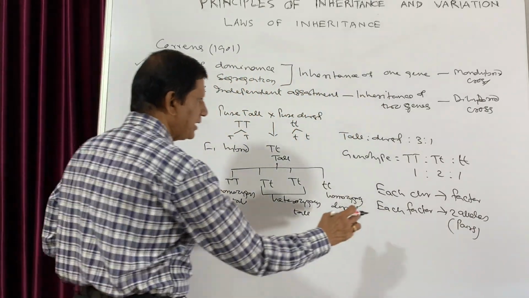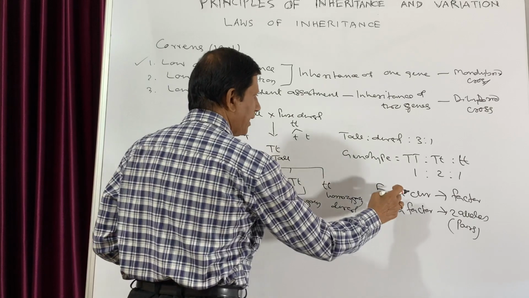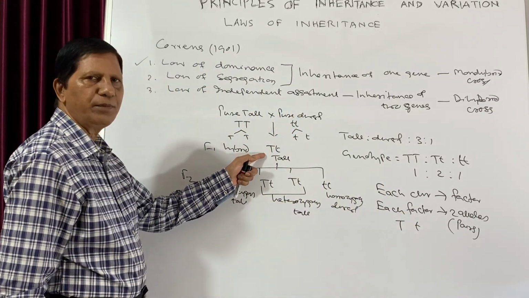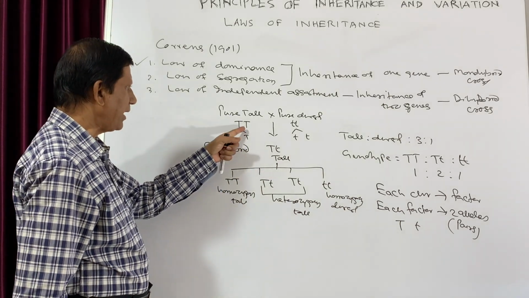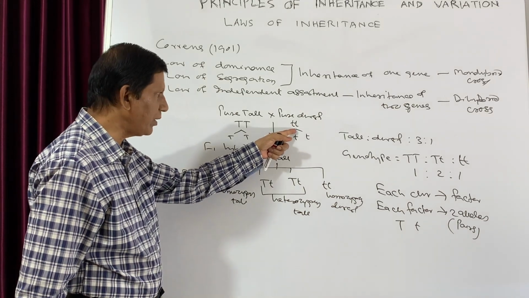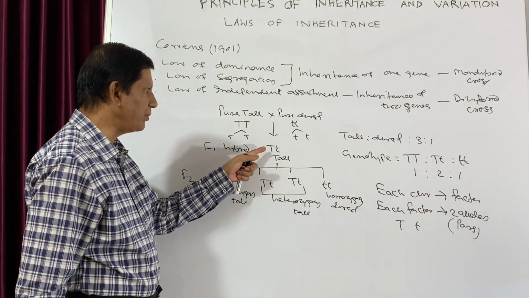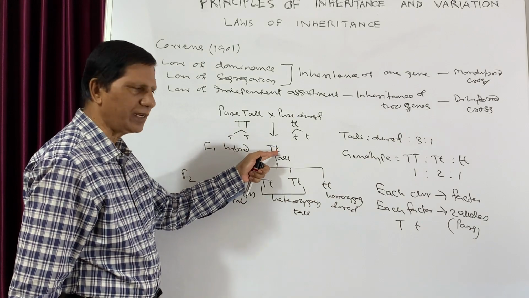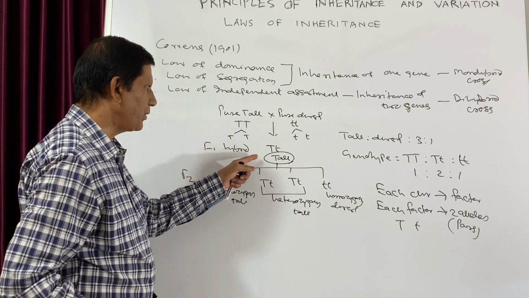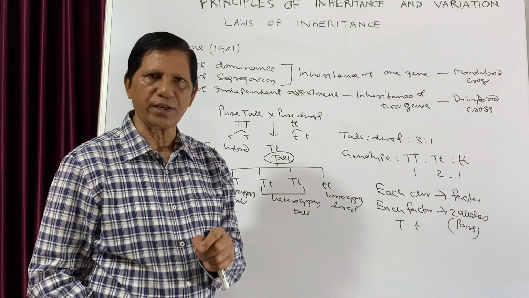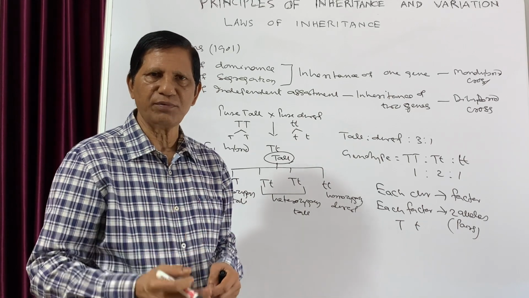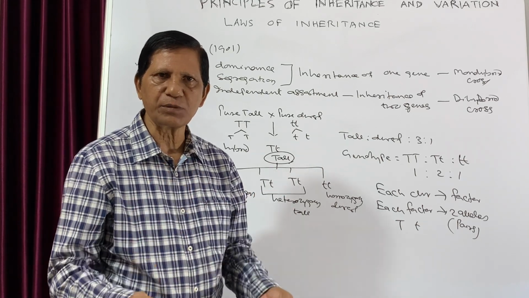Now, both these alleles, capital T and small t, are present in this F1 hybrid. In one parent there is only capital T, in the other there is only the small t. But in the F1 hybrid, one is capital T, the other is small t, and yet this plant is tall. That means when the plant is in heterozygous condition, only one allele expresses itself while the other is unexpressed.